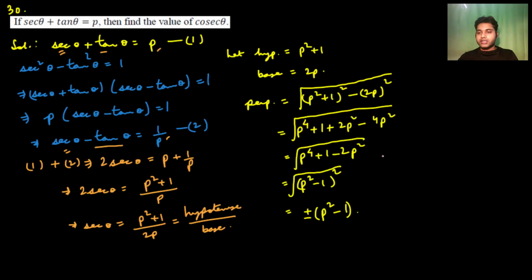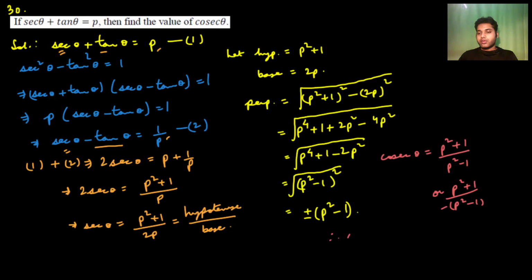We wanted to find cosec theta. Cosec theta is the inverse of sine theta. Sine theta is perpendicular by hypotenuse, so cosec theta will be hypotenuse by perpendicular. Hypotenuse is p square plus 1, and perpendicular is p square minus 1, or the other value is minus of this.